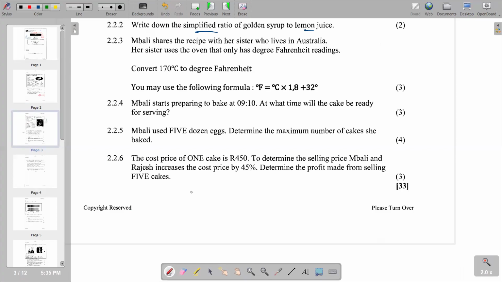So the profits we are going to say, the cost price of 1 cake is 450, and then to get the selling price, you add 45%. So remember, if we say cost price plus our profits, you get your selling price. So basically here we are already given that the cost price is 450, and the profit given is 45%.